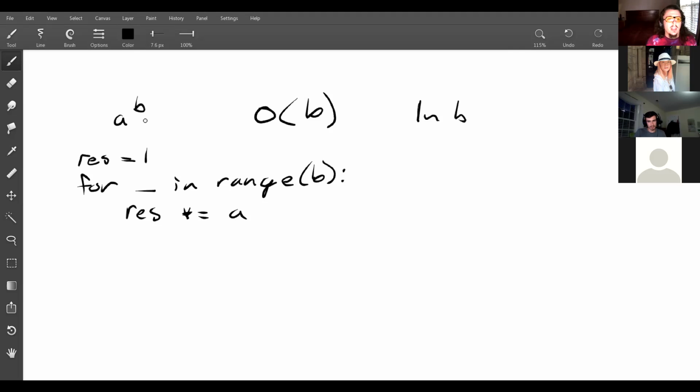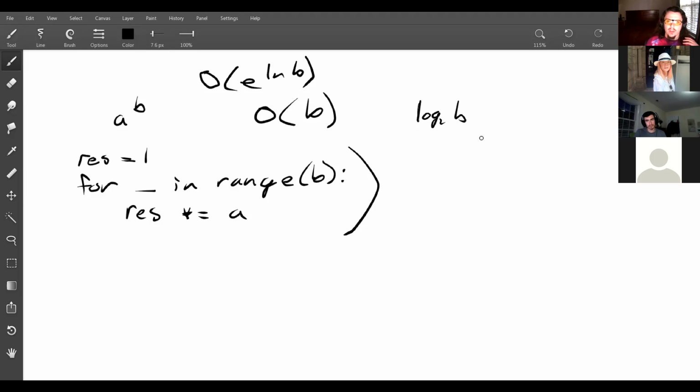So if you're describing this algorithm, if it's O(b), then it's actually O(e^(ln b)). So this is actually an exponential algorithm. And really it's not the natural log but the log base 2, because the log base 2 of b is the number of binary bits required to represent that number.